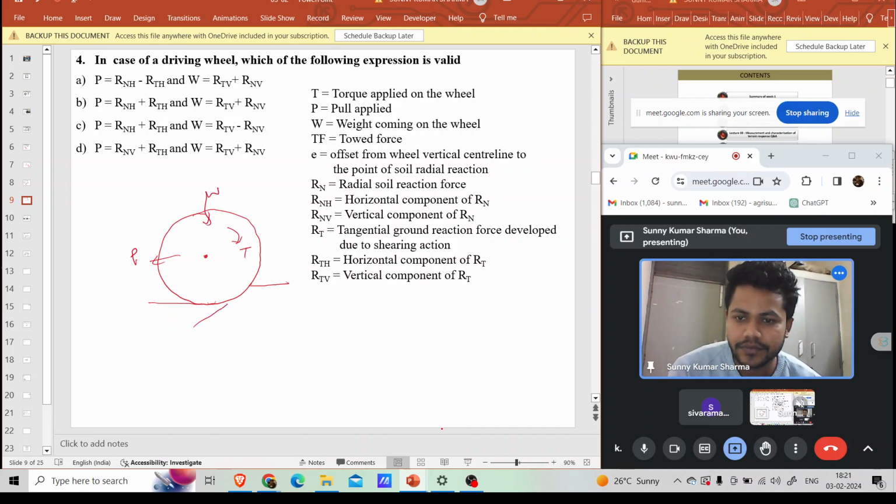And in the same way, this is radial soil reaction. This is tangential reaction. This is radial. This is tangential. Do this. This is Rn. The tangential reaction will be of somewhat higher magnitude. That is the only twist here. This is the tangential component. It has some higher magnitude.